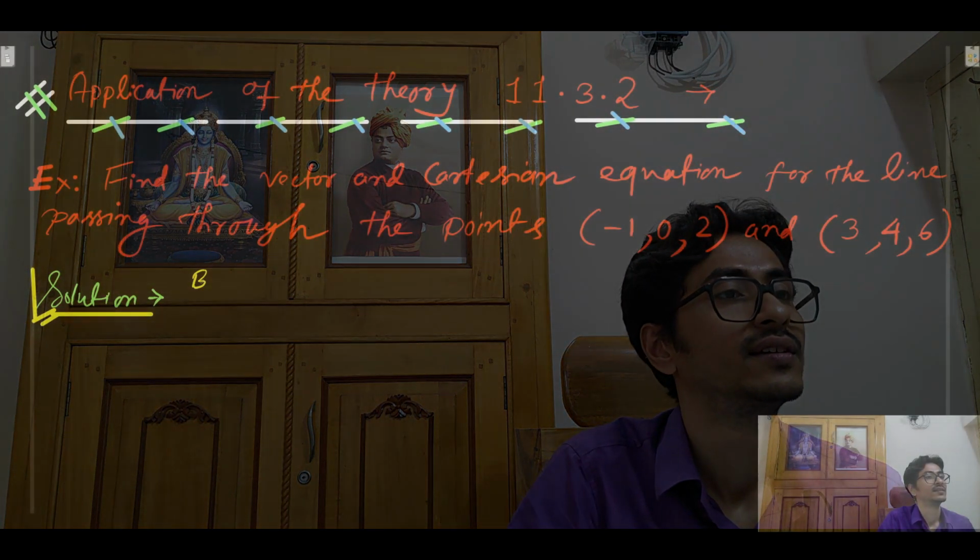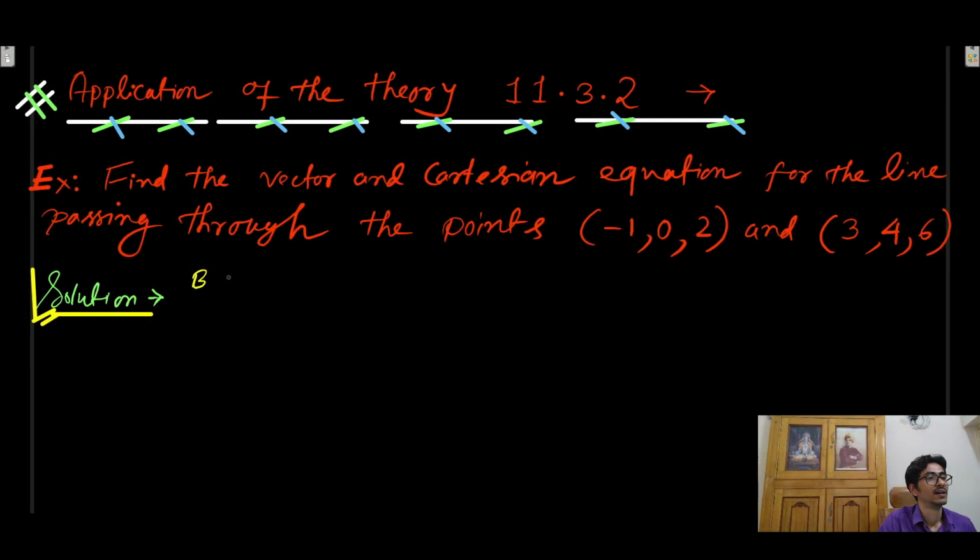Okay, next. Find the vector and Cartesian equation for the line passing through these points. First we will find the Cartesian equation by the previous theorem.